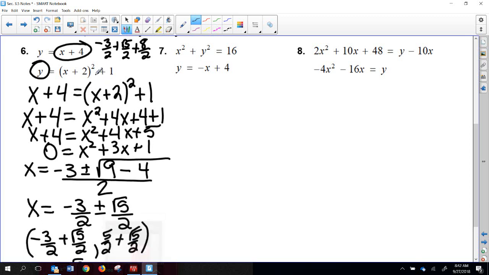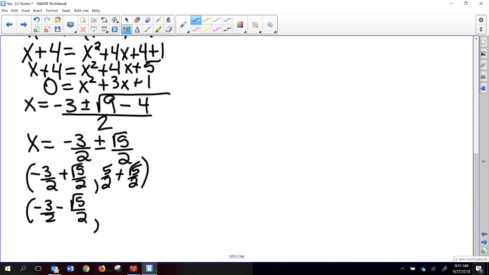My other x value was negative 3 over 2 minus, so I'm just going to change that to subtraction right there. Oh, that was a big eraser. Okay, so now I'm going to have negative 3 over 2 plus 8 over 2, which is 5 over 2 minus radical 5 over 2.